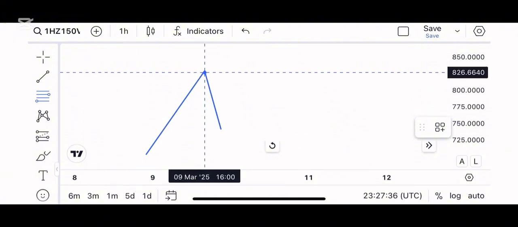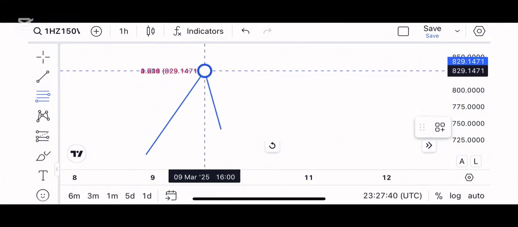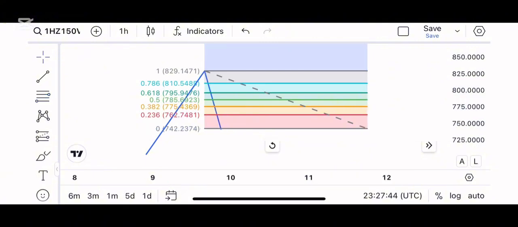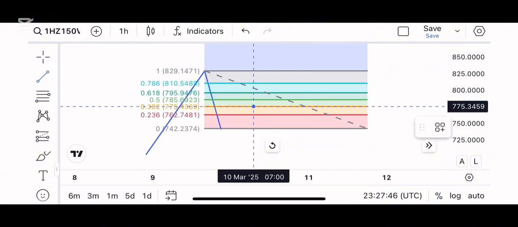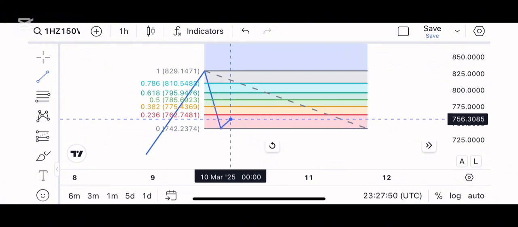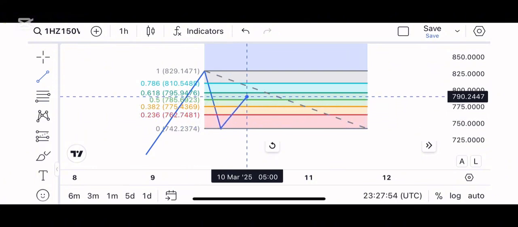So I'm going to drag the retracement from here and stop it at this point. Now what I want from this third leg moving up is that as it is moving up, I want it to break the 61.8 Fibonacci.